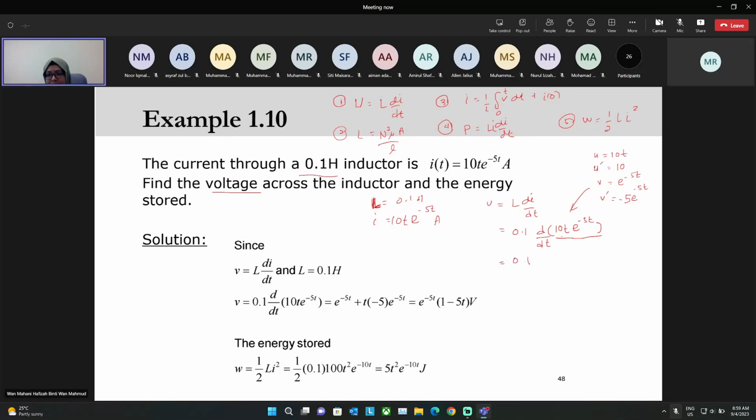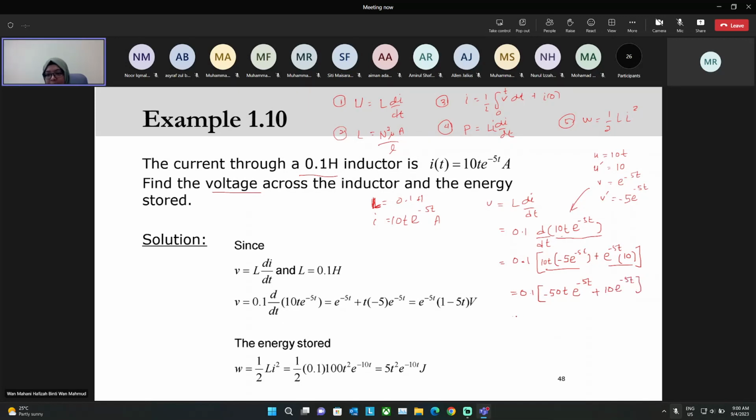Okay, so with 0.1 and its differentiation, you need to do uv' plus vu'. u multiplied by v', so 10t multiplied with negative 5 exponential negative 5t, plus v u', exponential negative 5t multiplied by 10. So this is 0.1, 10t multiplied by negative 5, so how much is that? Negative 50 t exponential negative 5t. Then expand, plus 10 exponential negative 5t.